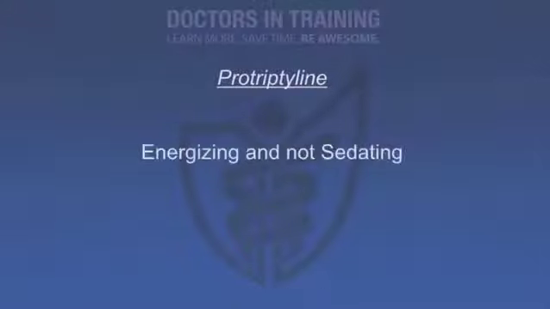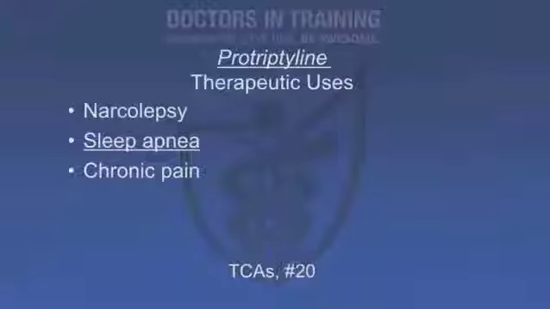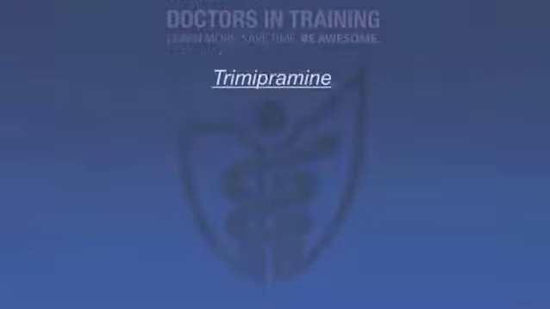It is unique in that it is energizing instead of sedating. For this purpose, it is used in narcolepsy, sleep apnea, and chronic pain. Trimipramine is a moderate serotonin and norepinephrine reuptake inhibitor. It also has strong histamine blocking properties, which can cause sedation.